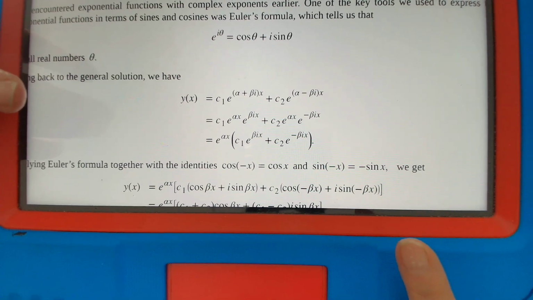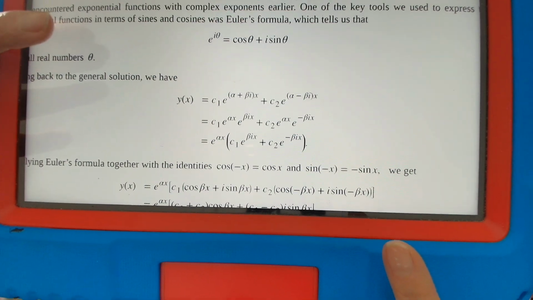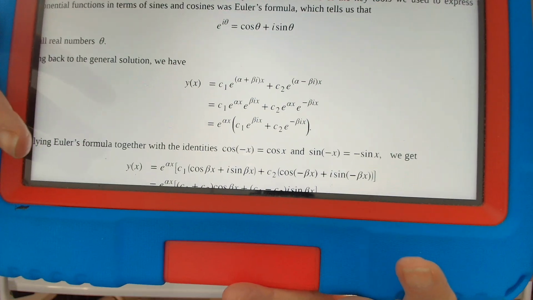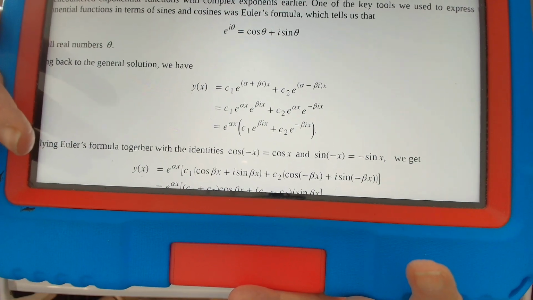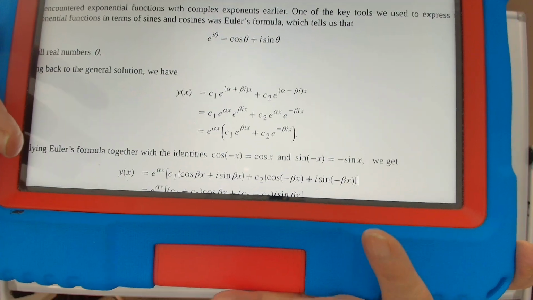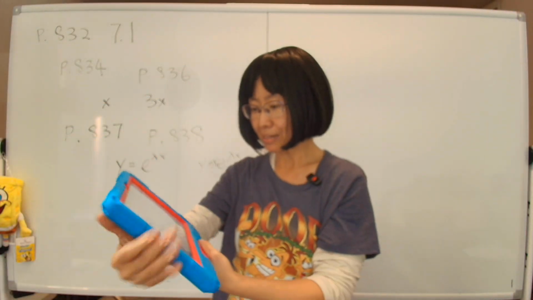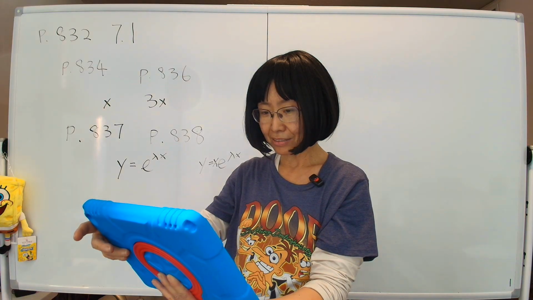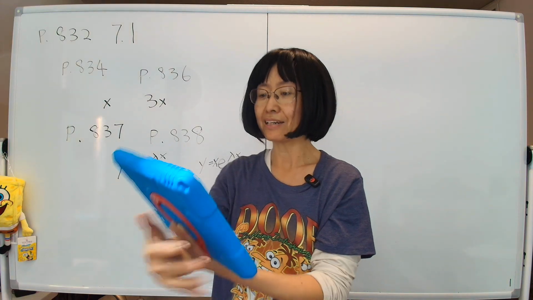So e to the beta i x is going to be cosine beta x plus i sine beta x, and it's the same with the negative beta one. So we get a bunch of betas now, but we still have the complex number. And how's that going to help? Well, we'll look a little further.